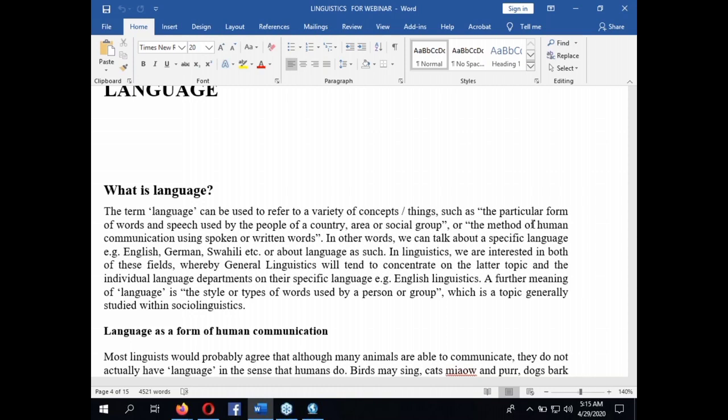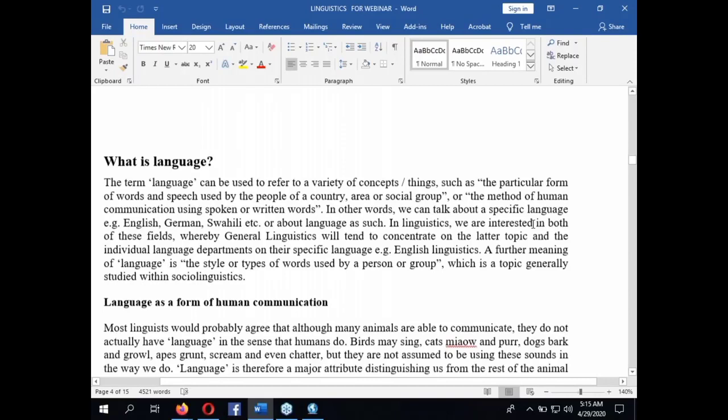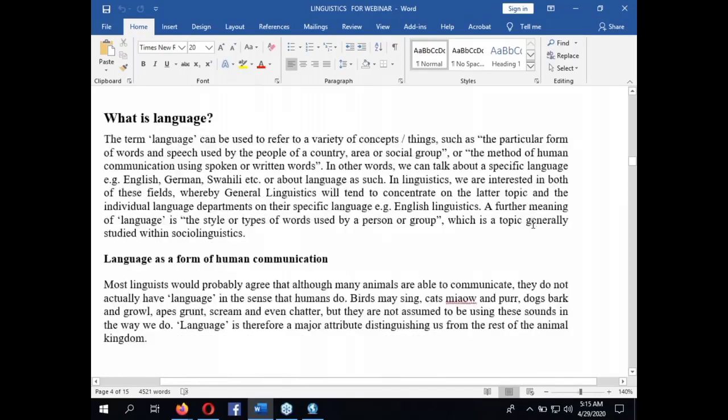Now, language as a form of human communication, most linguists would probably argue that although many animals are able to communicate, they do not actually have language. Now, this is a major attribute which distinguishes human beings from the rest of the animal kingdom.